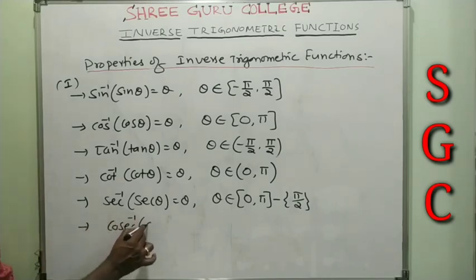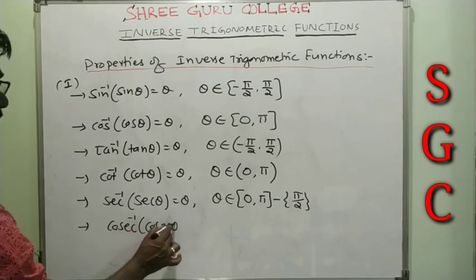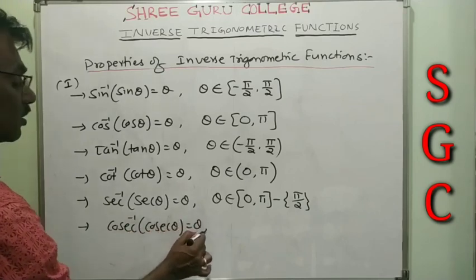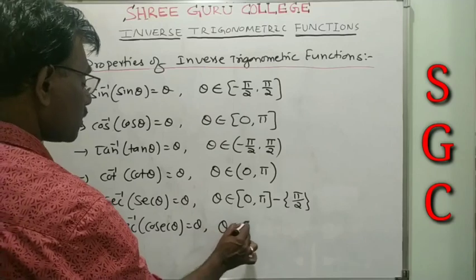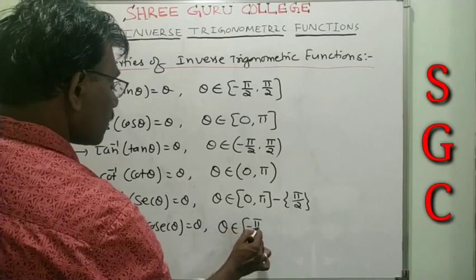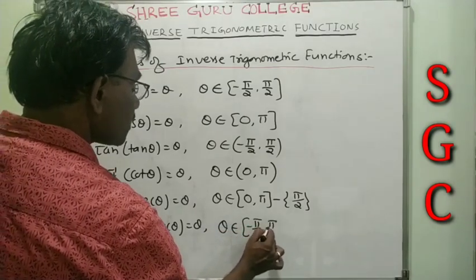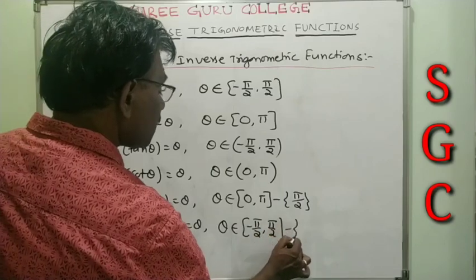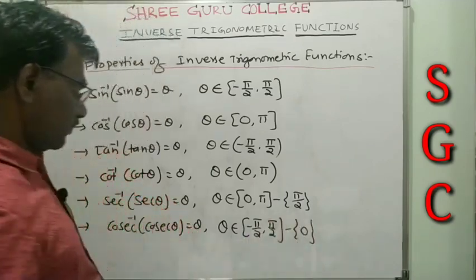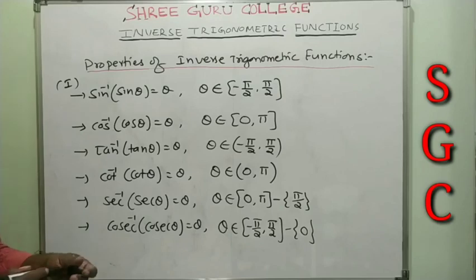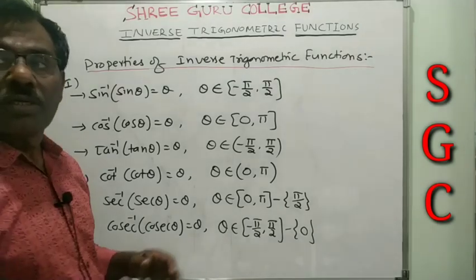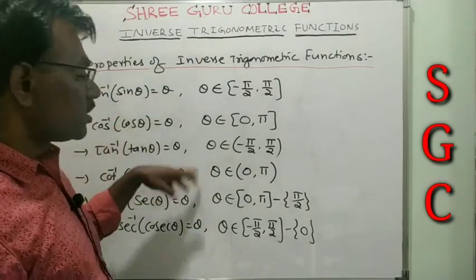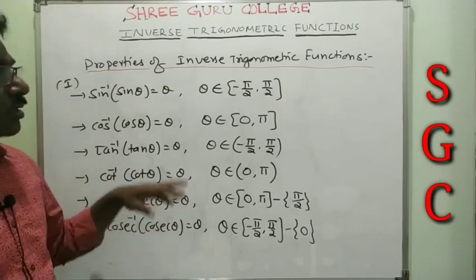Cosec inverse of cosec theta equal to theta, where theta belongs to the closed interval minus 90 to plus 90, but other than 0. So this is the first property, and this is called the range property.